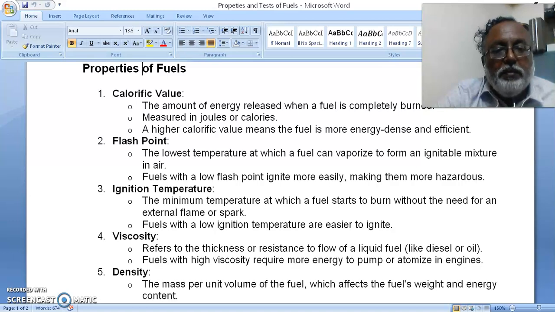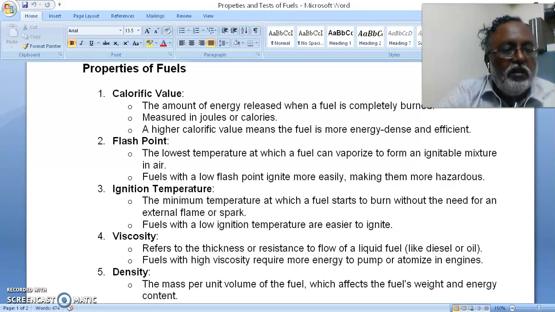The minimum temperature at which a fuel starts to burn without the need for an external flame or spark is known as ignition temperature. Fuels with a low ignition temperature are easier to ignite.